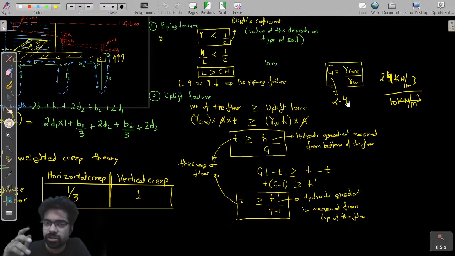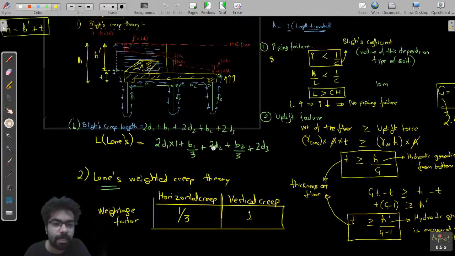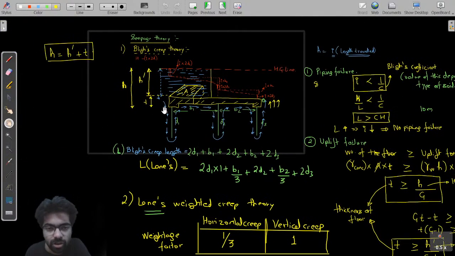In our question 2.5 is given. h is the hydraulic gradient, or piezometric head measured from the bottom of the floor.